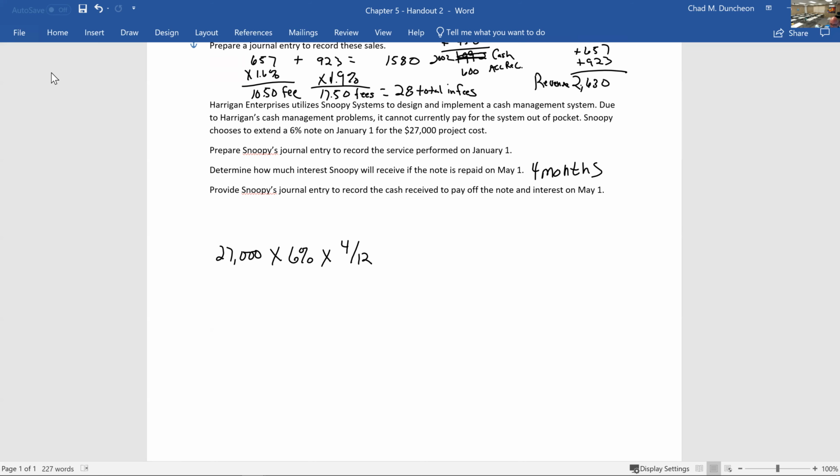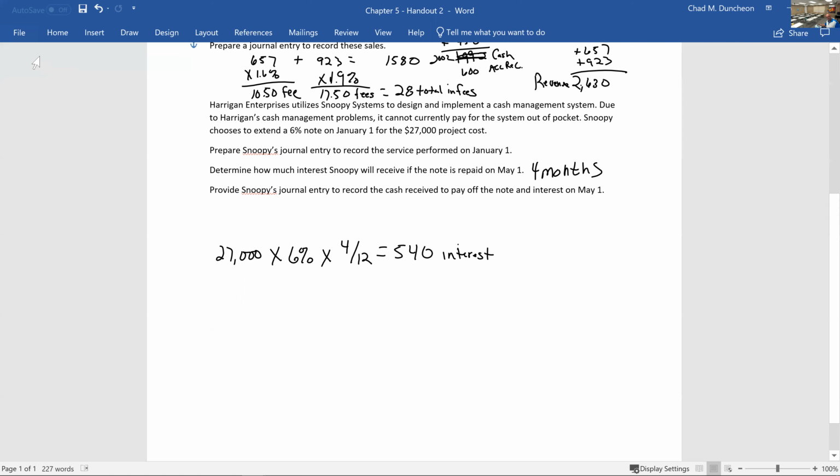Because it's a 4-month note, 12 months in a year, notes are giving you an annual percentage rate. So the total interest that they need to pay back totals $540. That is their interest amount. Okay, so determine how much interest we will receive if the note repaid is on the 1st. 4 months, they will receive $540 in interest.